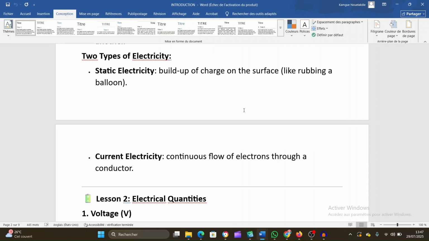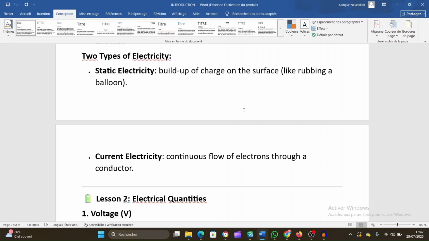For example, when you want to connect a bulb to a switch, there is a cable that goes from the switch to the bulb. This is current electricity: continuous flow of electrons through a conductor. That conductor takes it from the switch to the bulb. That's what we talk about as current electricity.